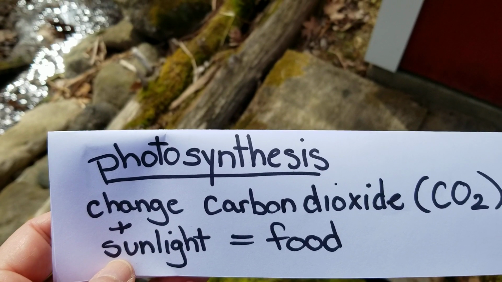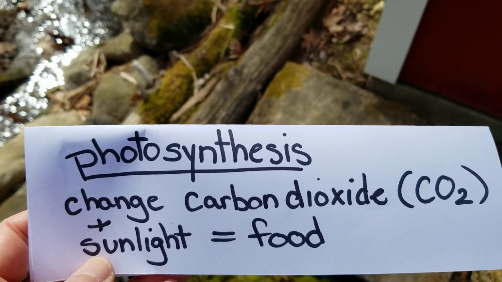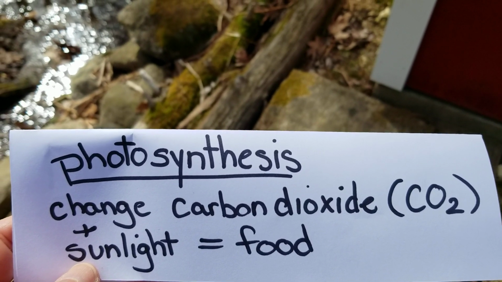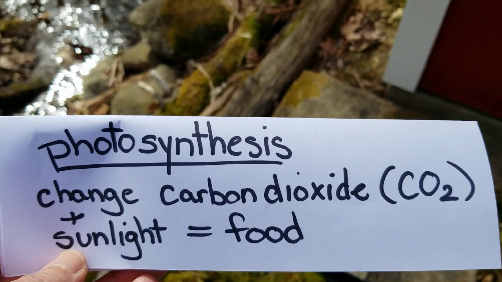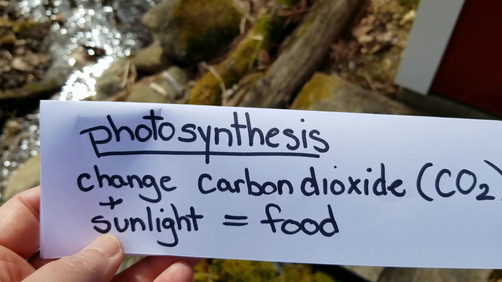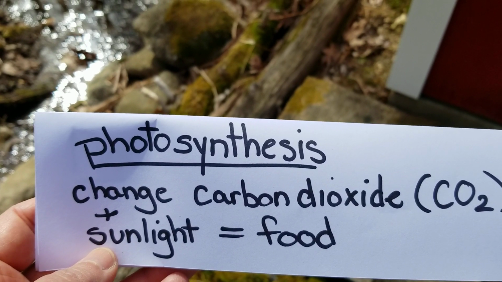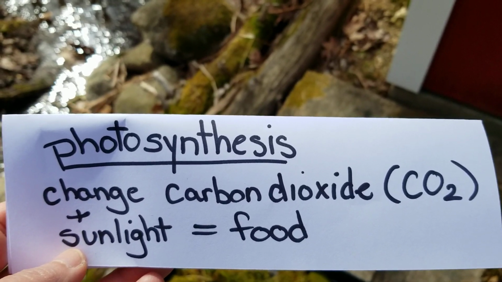It's that chlorophyll involved in the photosynthesis. So they need carbon dioxide, which is what humans breathe out. We exhale carbon dioxide. It has 2 oxygen molecules. And sunlight. They change that into sugar, which plants use for food.